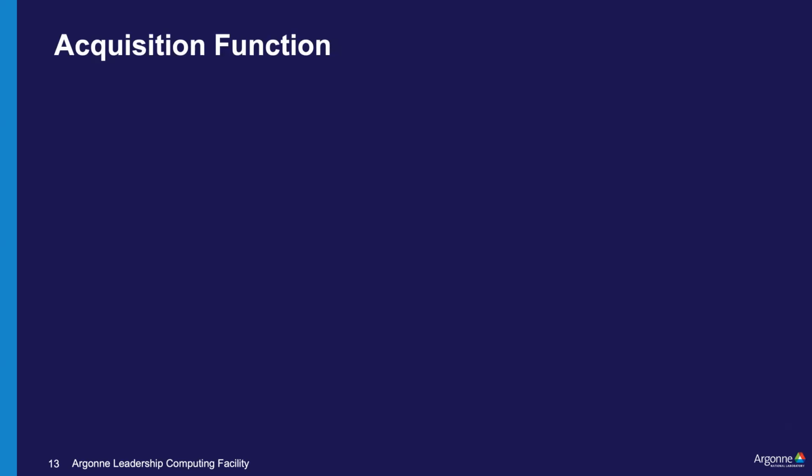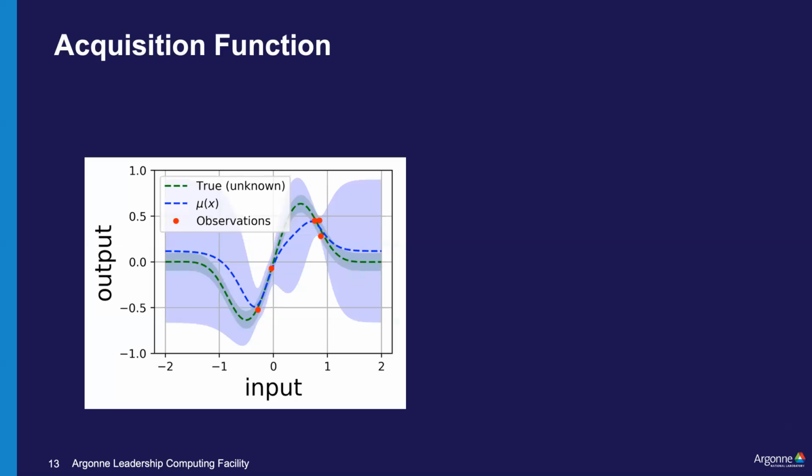Then for the acquisition function, the acquisition function is what we use to select the next promising configuration. If we visualize a one-dimension hyperparameter space corresponding to one input here, the x-axis, and the performance you want to optimize, let's say minimize, corresponding to the output, so the y-axis.